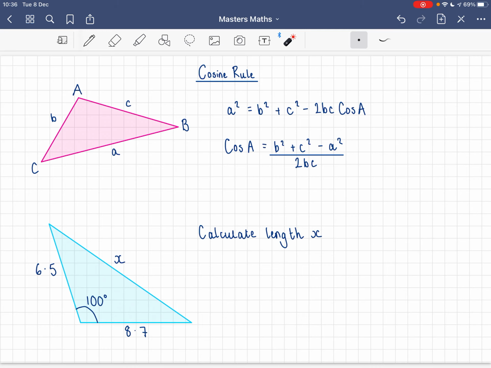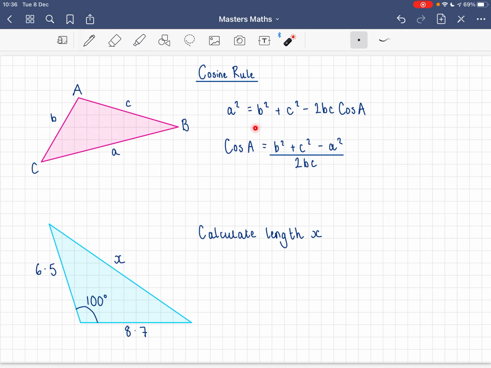The angle between them is always going to be the angle that is opposite the side you're trying to find. So if we use this triangle as an example, we would know what b and c were, and we would know what angle A is. That angle A is between the two sides you've been given, and by definition it is also opposite the side that we're trying to find.